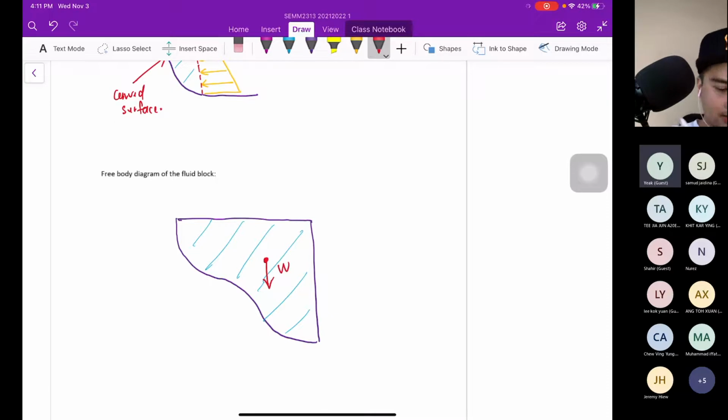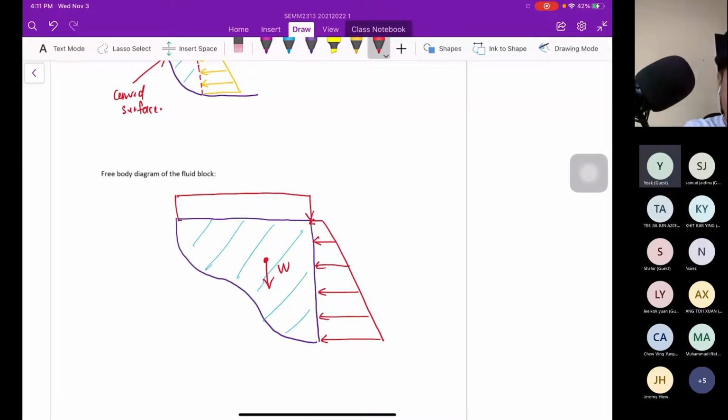We have the force, for example, here to here. We have the horizontal force because it is acting horizontally. And definitely we have the vertical force acting on the horizontal projection.